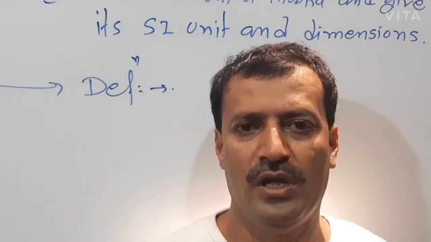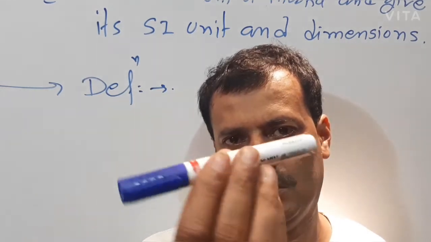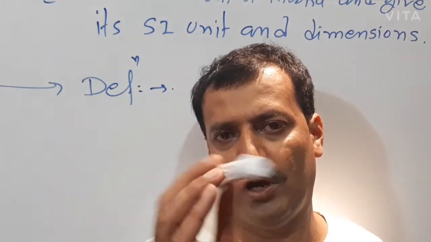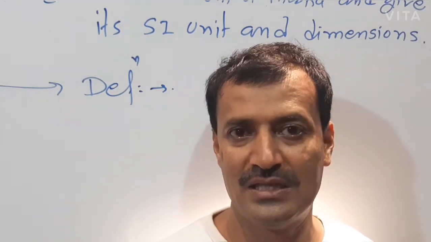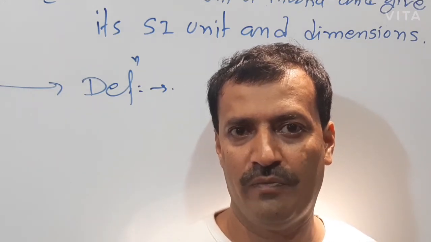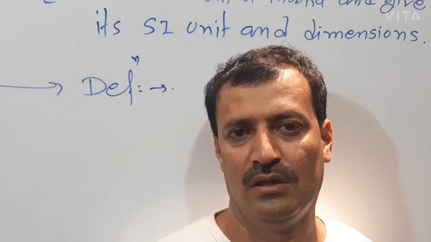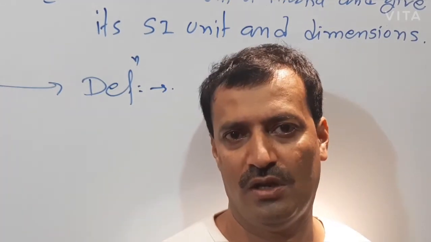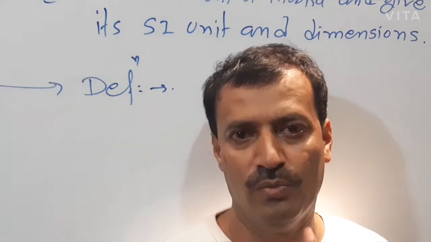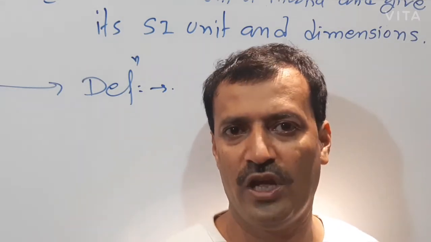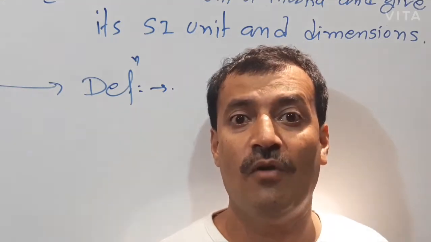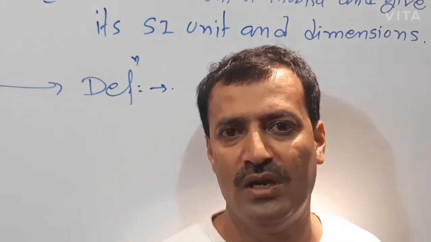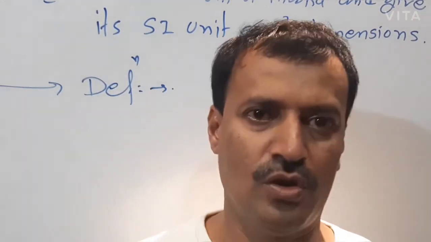The moment of inertia of a body about a given axis of rotation, because this axis and this axis is different, and therefore in the definition the axis should be mentioned, is defined as the sum of the product of mass of each particle and square of its perpendicular distance from the axis of rotation. So write down this definition.